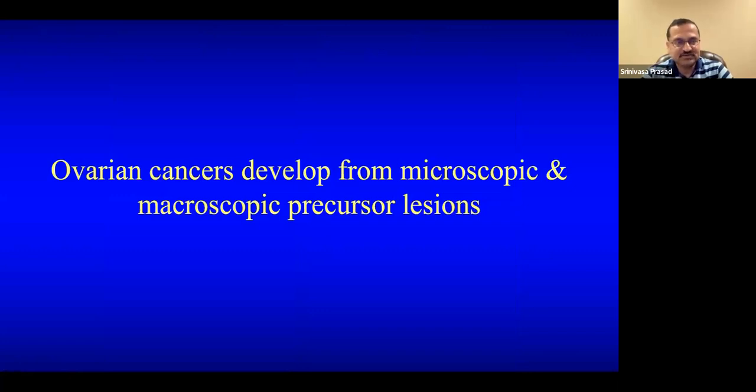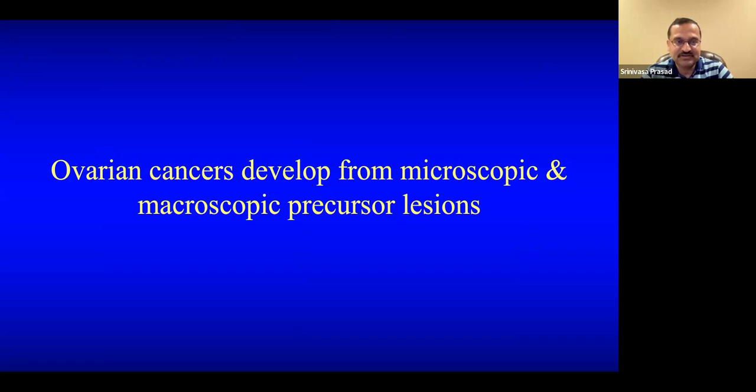Now we know that ovarian cancers develop from microscopic and macroscopic precursor lesions. And whenever we have subtypes of ovarian cancers from microscopic precursor lesions, we will not be successful based on imaging surveillance or screening modalities.